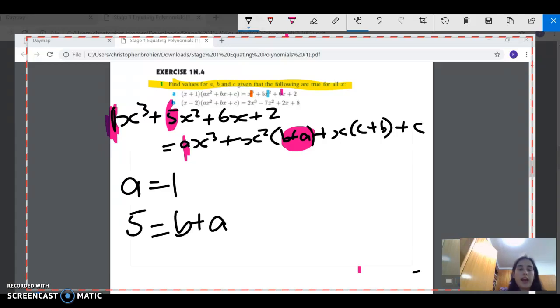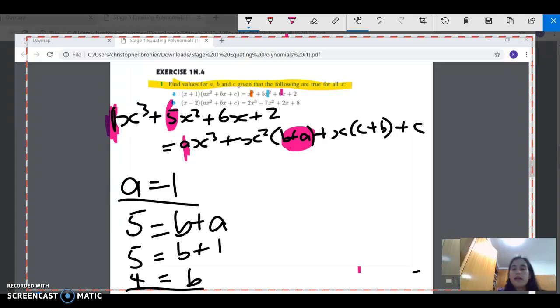Now we've already got the value for a, don't we? A equals 1, so 5 equals b plus 1. Let's take 1. B equals 4. So we've got a, we've got b. Now we could use this and find c plus b, but I'm lazy. I can just go straight to here and go c is the constant term and 2 is the constant term. So therefore c equals 2. And I found it. All right, pretty simple, hey?